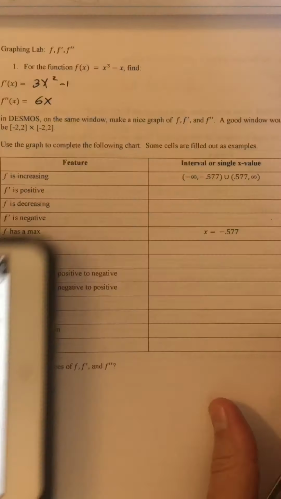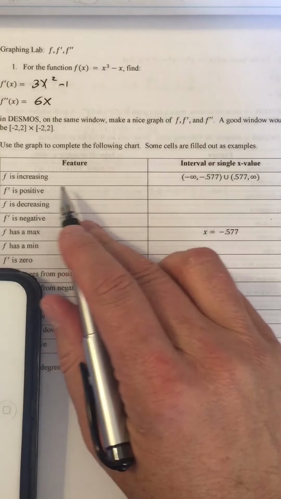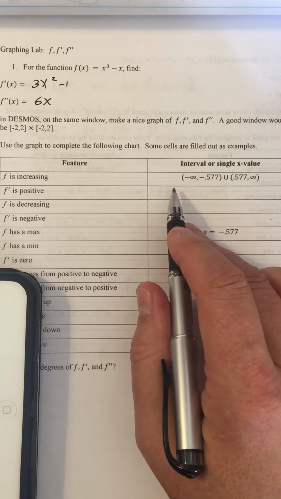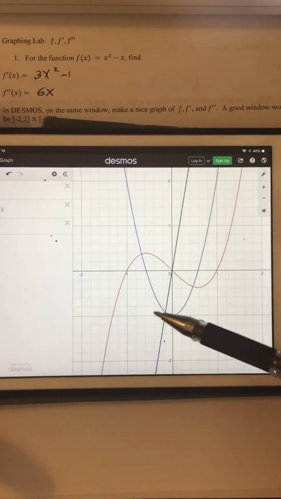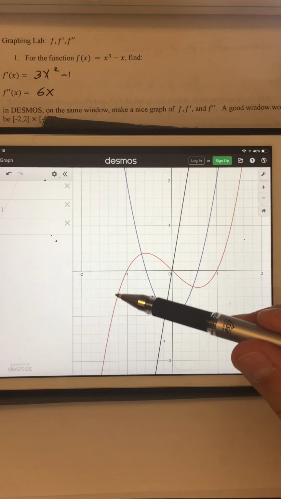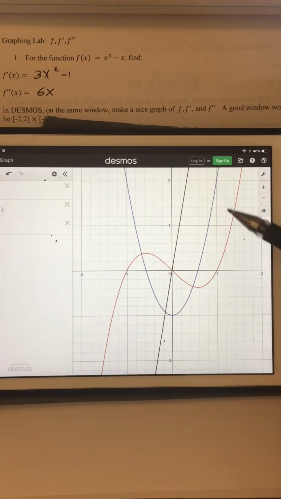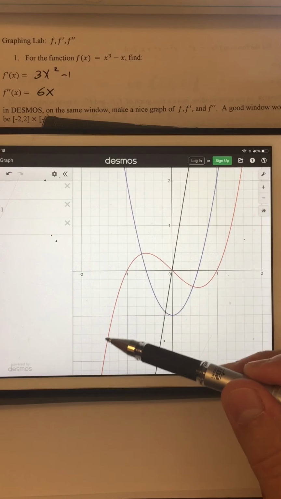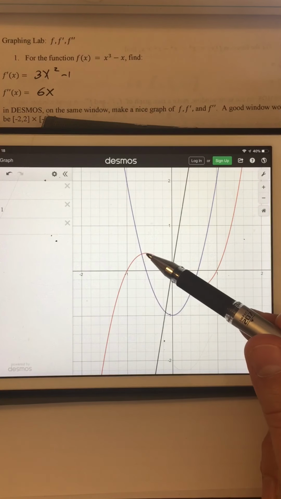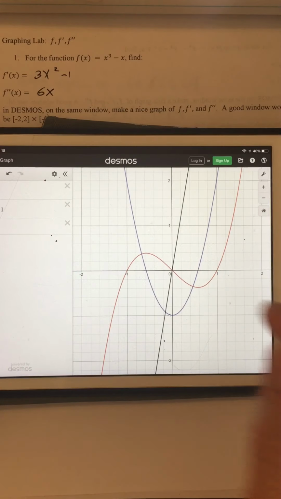All right, so now we're asked things like, what is the interval where f is increasing? So f is the red graph, is increasing along this branch, but here f is decreasing, and then here f is increasing. So we're increasing from -infinity all the way up to whatever this x coordinate is. Everything we're doing is in terms of x coordinates.